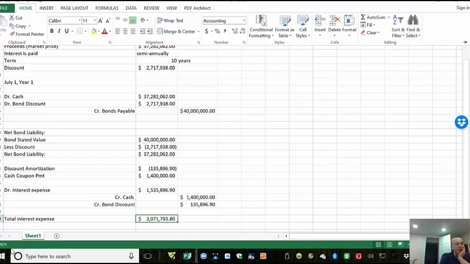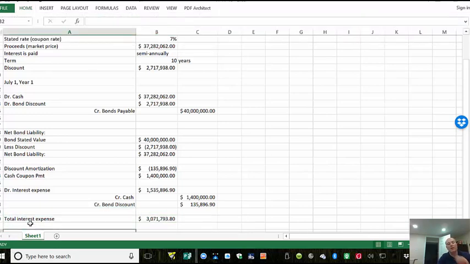Like I said, the bond payable will be 40 million. Now, what happens at maturity is you need to pay off 40 million, and you credit cash and debit bonds payable, because there will be no more discount account, because it will be zeroed out because of the amortization.